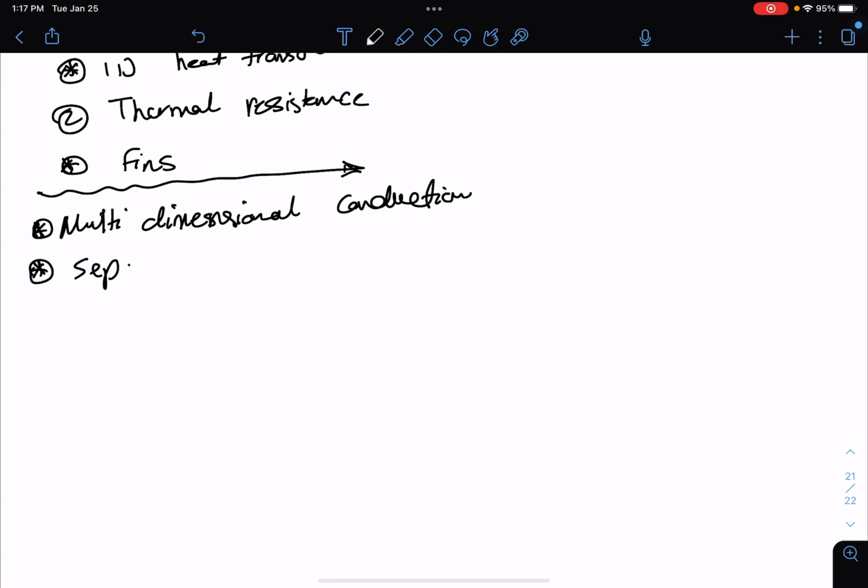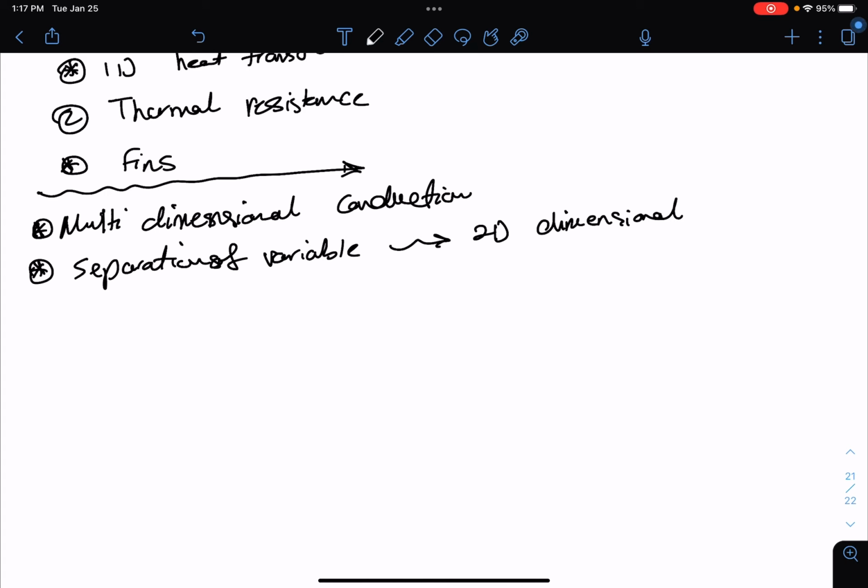And then we are going to use the separation of variables method to solve a two-dimensional conduction problem, which is part of the multi-dimensional topics.